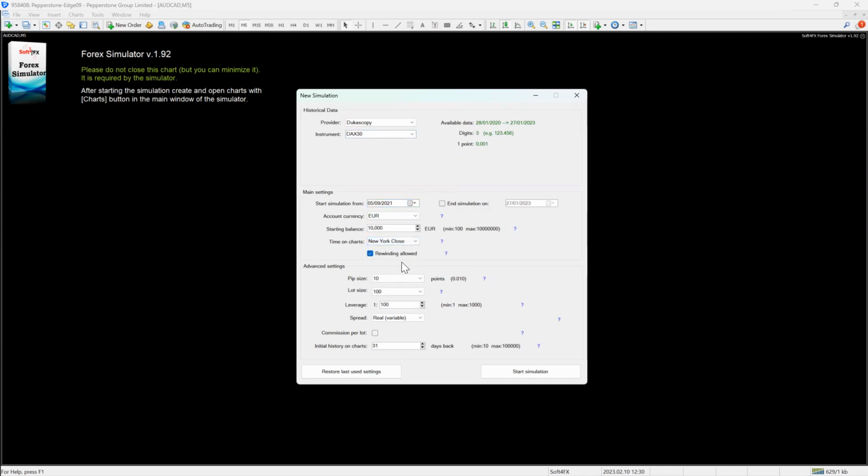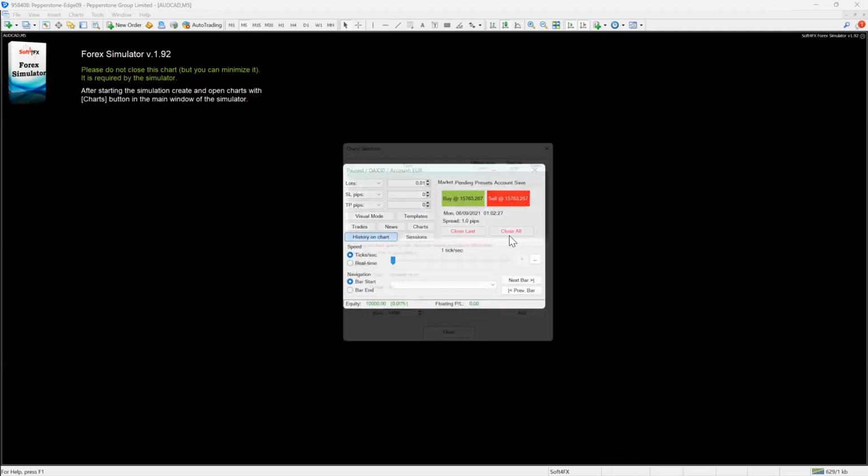New York close. Leverage 100 fixed. It's more or less 1 pip usually. Let's just give us 700 days back. We'll start with 10,000 euros. And looks good. So we'll start simulation.